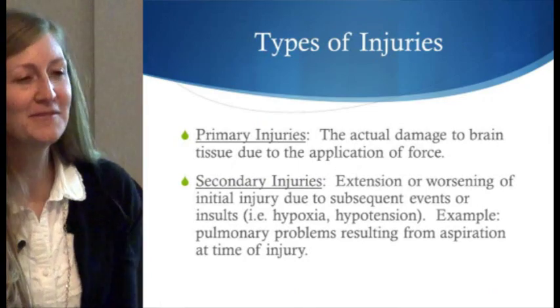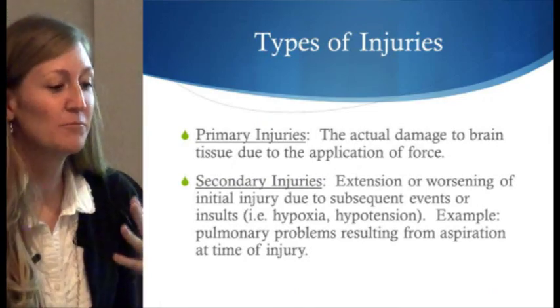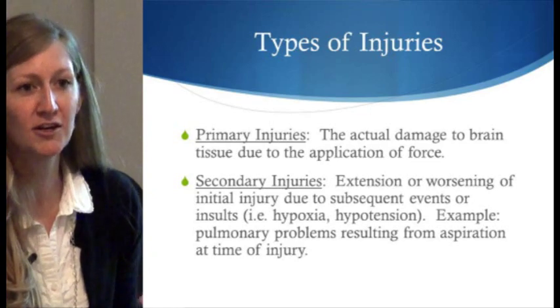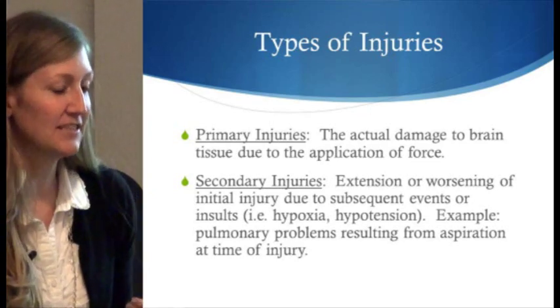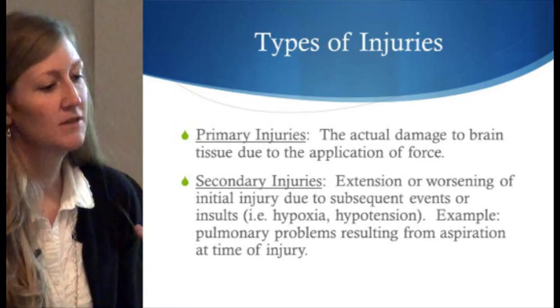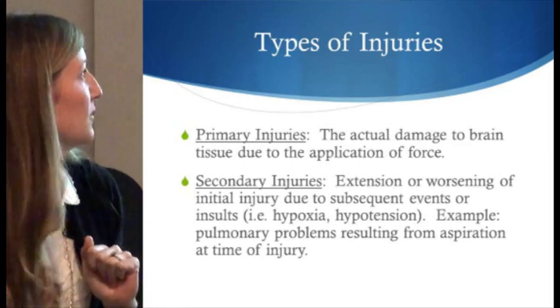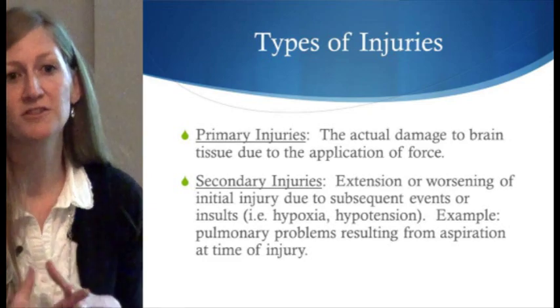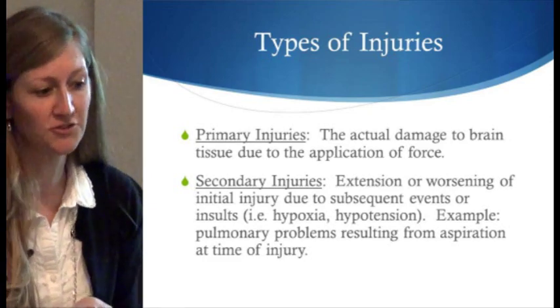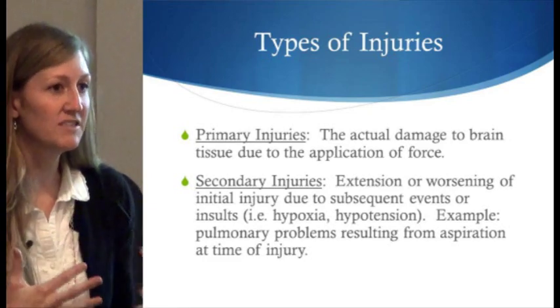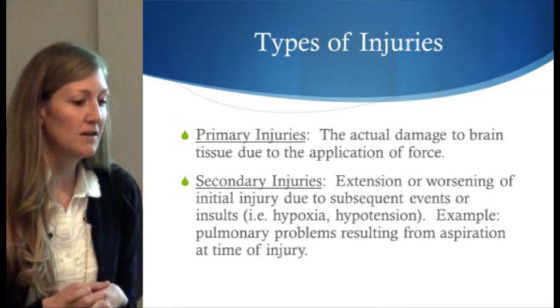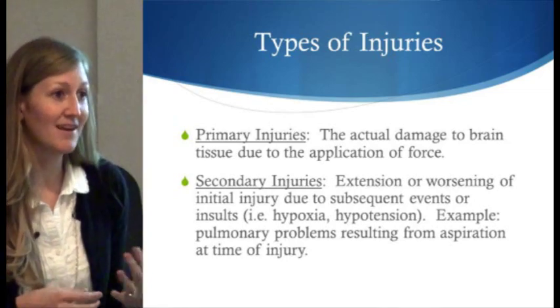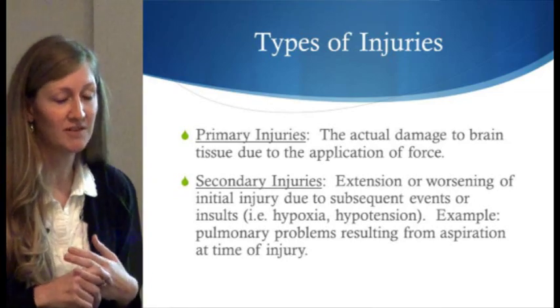So there's two types of injuries that we see. Of course, the primary injury, and that's the injury that occurs from the initial accident, the actual damage that's done at the time of force. And then the secondary injuries, and those are what we as nurses are trying to prevent. That's the worsening or the extension of that initial injury due to things like hypoxia, hypotension.